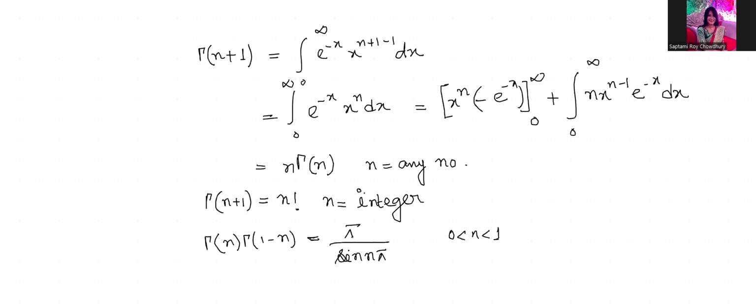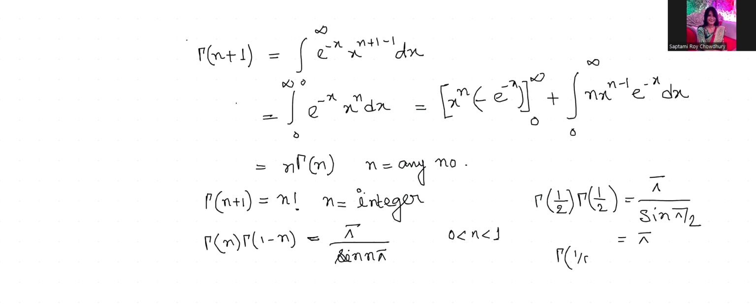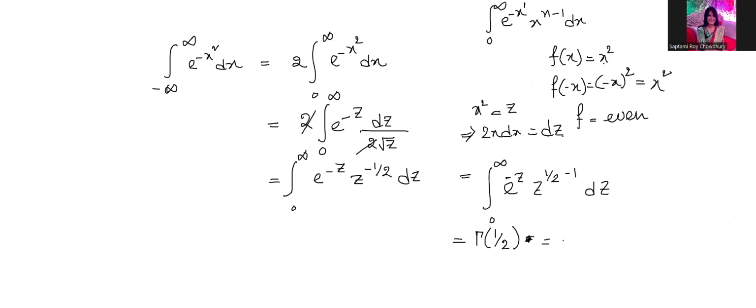Here, from this particular property, if you put the value of n equal to half, so gamma half into gamma half, that means pi by sine pi by 2. Sine pi by 2 value is what? 1. That means this is pi. So gamma half square equal to pi. That means gamma half equal to root pi. So just put that value and you will get root pi.